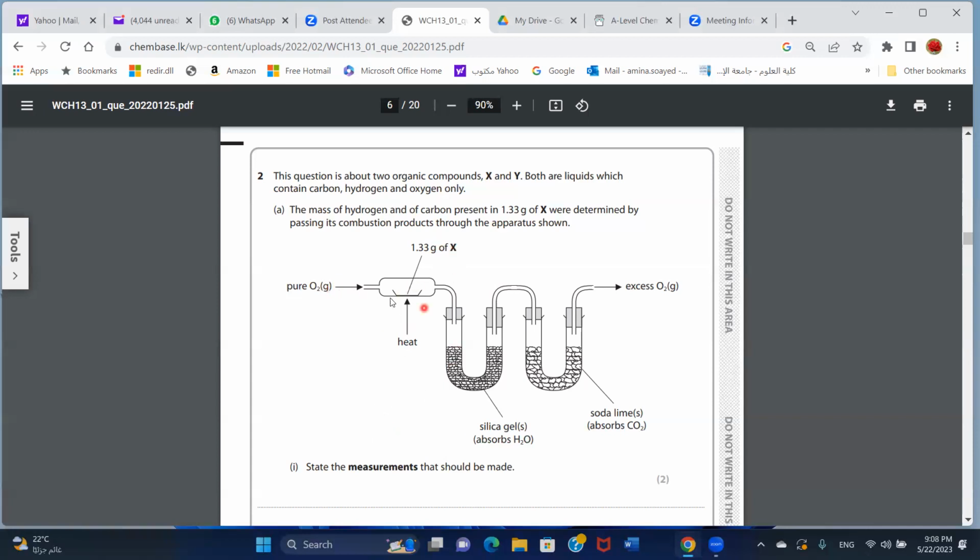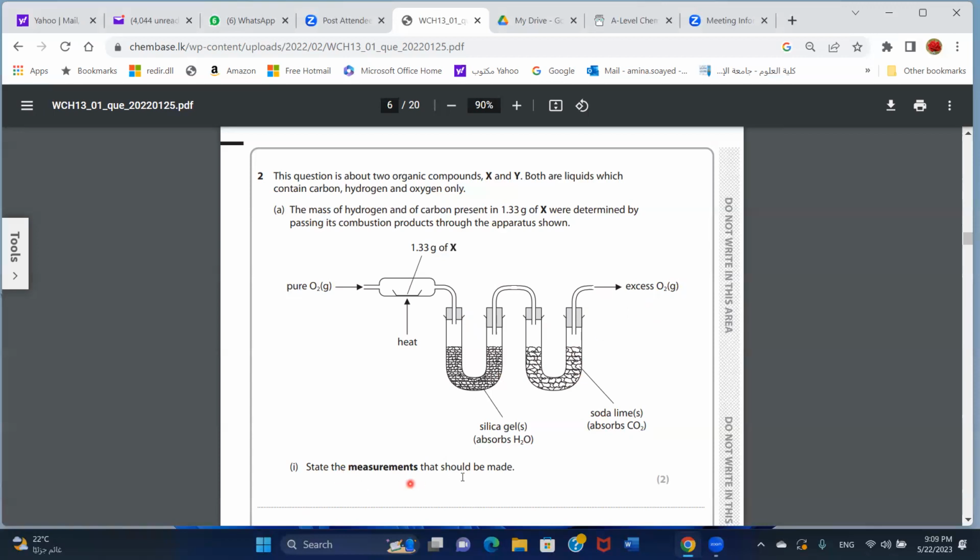So when they burned this organic compound using oxygen, they got water and carbon dioxide. They trapped the water through a U-tube containing silica gel. The silica gel will absorb the water, and then what will be left is the carbon dioxide. They pass it through another U-tube containing soda lime that absorbs the carbon dioxide, and the excess of oxygen will pass and go outside the apparatus, okay?